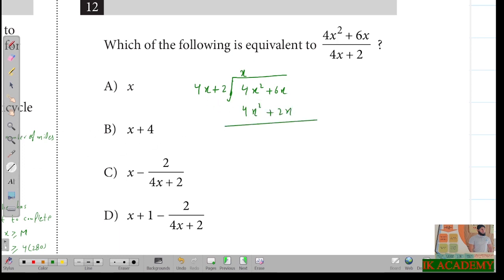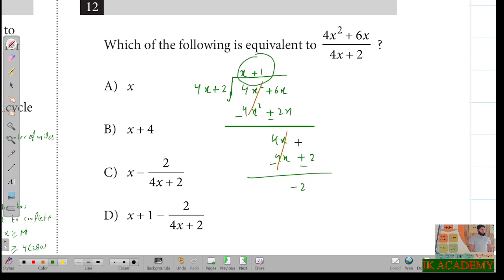So I need to subtract it down here. 4x squared will be cancelled with 4x squared, and 6x minus 2x will be equal to 4x. So now if I multiply 4x plus 2 with 1, we can get 4x. 1 into 4x is 4x. 1 into 2 is plus 2. Now I'm going to subtract it down. So minus 4x will be cancelled with plus 4x, and 2 will become minus 2 in the remainder.